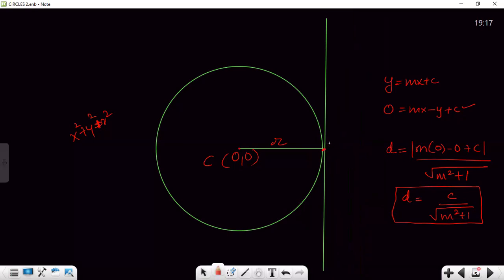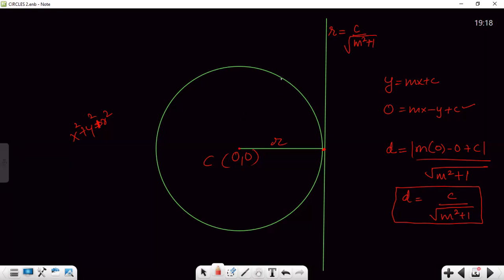If d equals r, the line is just touching the circle at one point. In this case, the radius equals the distance between the line and the center, so d becomes c upon the square root of m square plus 1.